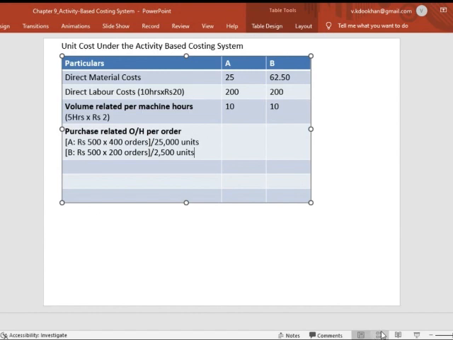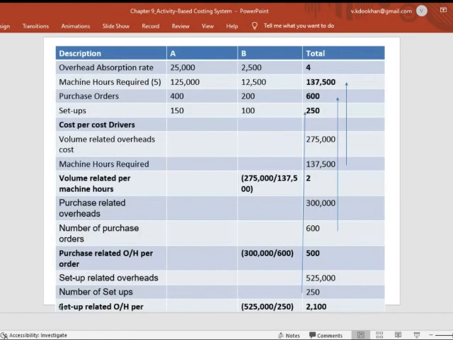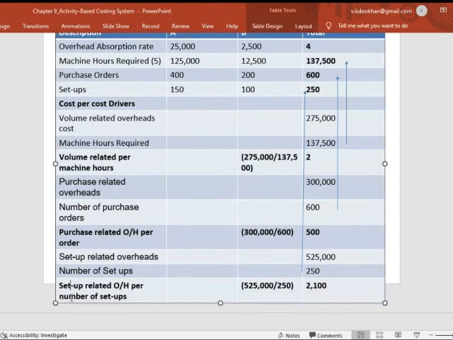But since we are calculating per unit, we have to divide it. So it becomes 8 and this one, 40. Now we go back and we have the setup. Let me copy this one as well.